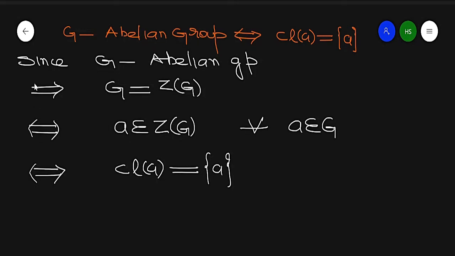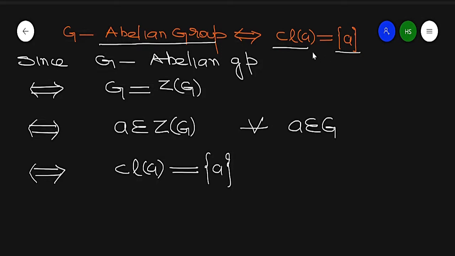So if G is an abelian group, then the class of A consists of only the element A. So this is my result.